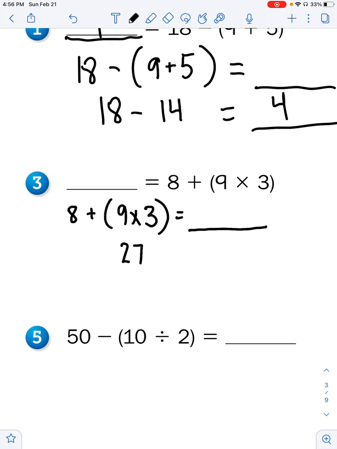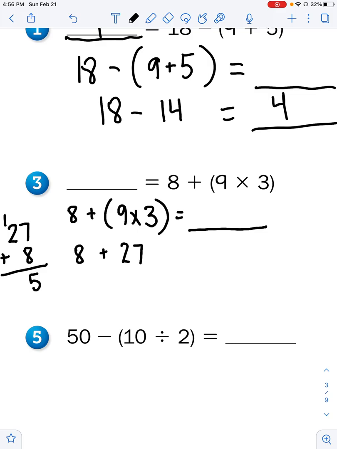And then we're not done yet. 27 is not our answer. We still have to add back that 8 afterwards. Okay, so 27 plus 8, we could write it over here on the side if we didn't know. So 27 plus 8. 8 plus 7 is 15.